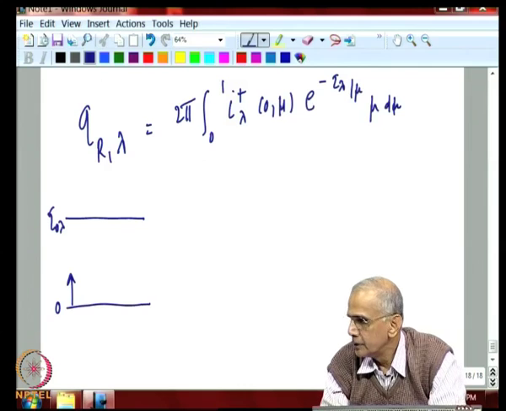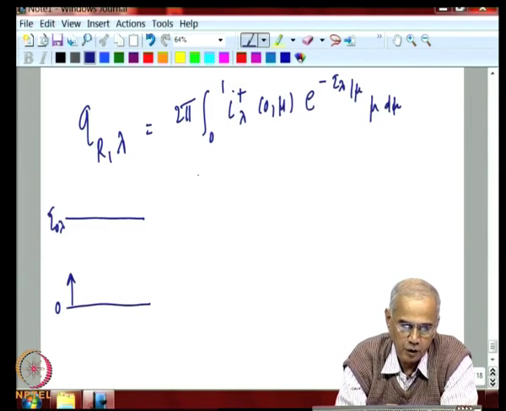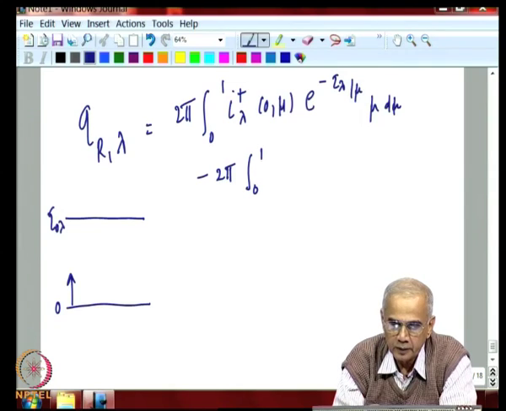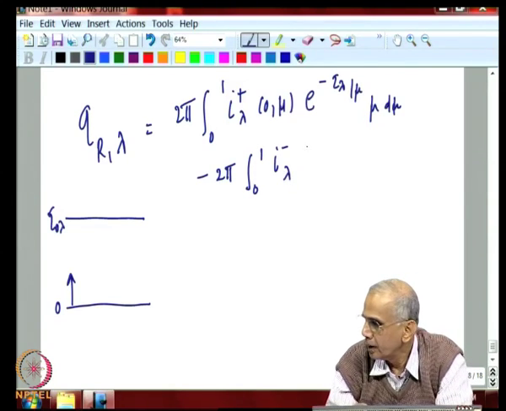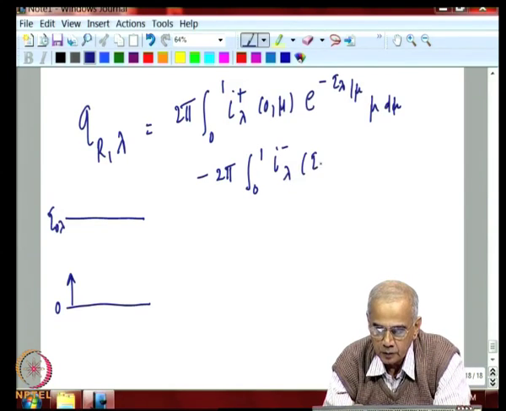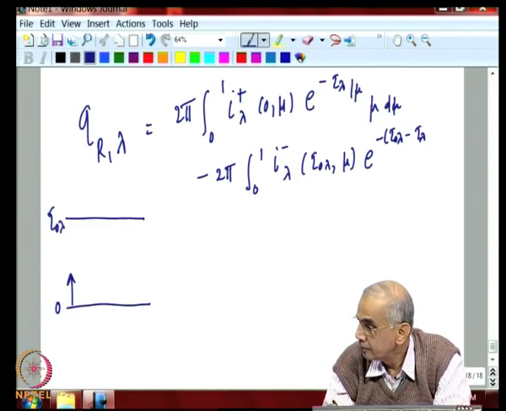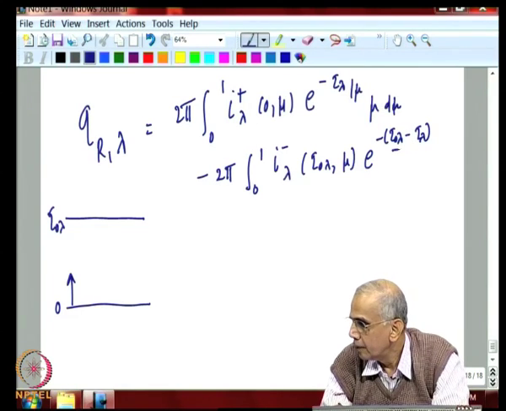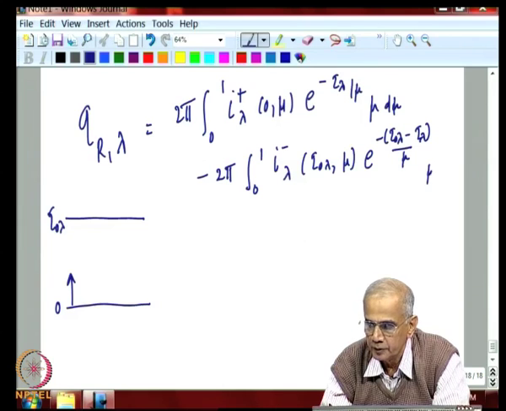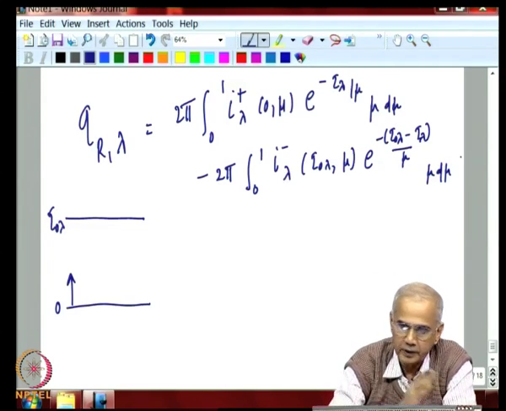Similarly, the second expression for the top term is minus 2 pi, again 0 to 1, I minus lambda tau 0 lambda mu e to the power of tau 0 lambda minus tau lambda by mu d mu. These two are essentially the same as last time.